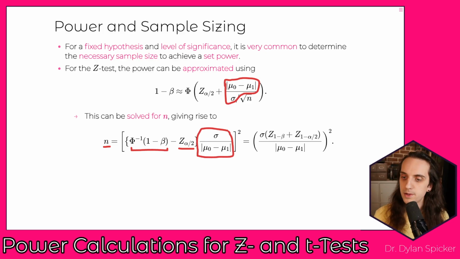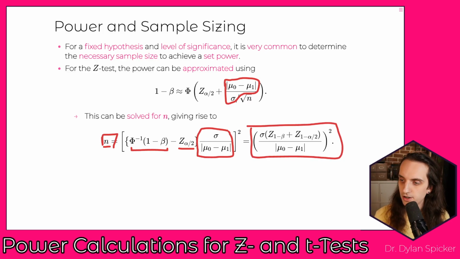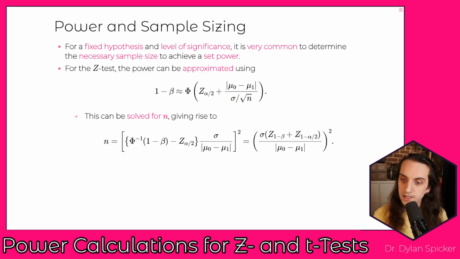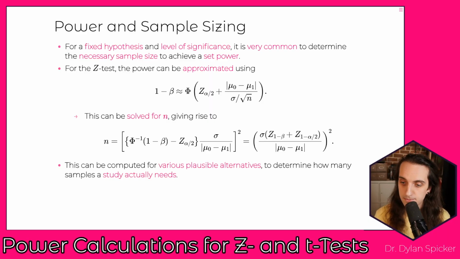And so ultimately what we can say is that n is going to be approximately equal to this to achieve our set power, right? So we want to take our standard deviation, multiply it by the difference in these critical values, divide by the difference in the values under the null and alternative, and then square it. Okay, and if you follow this formula, that's going to give you a lower bound on our sample size.